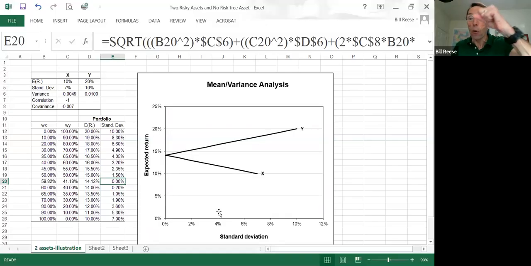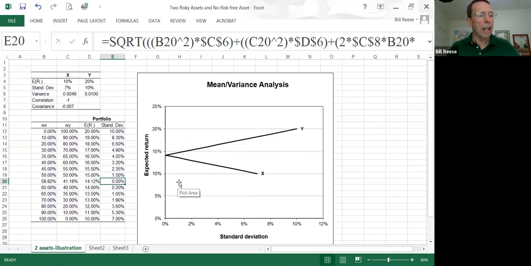In this case, the house is what you want to protect, and the homeowner's insurance policy is perfectly negatively correlated with that. And in this example, we've got X and Y are perfectly negatively correlated. So if you put them together in these percentages, you can get a portfolio that has a standard deviation of 0.